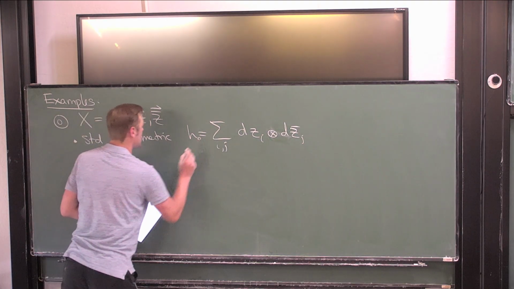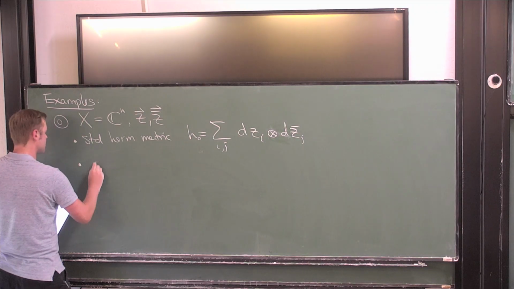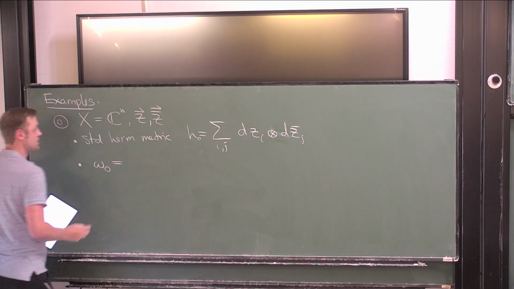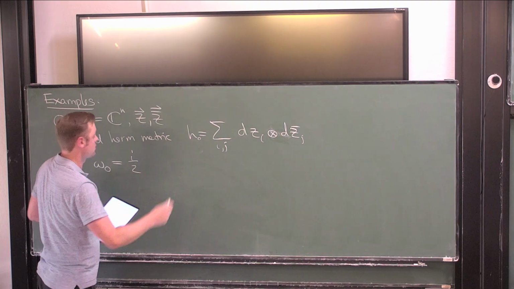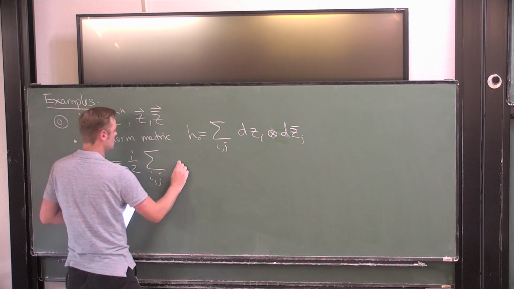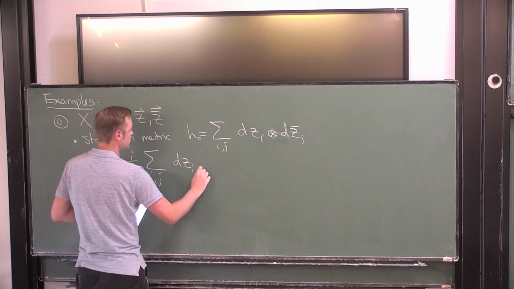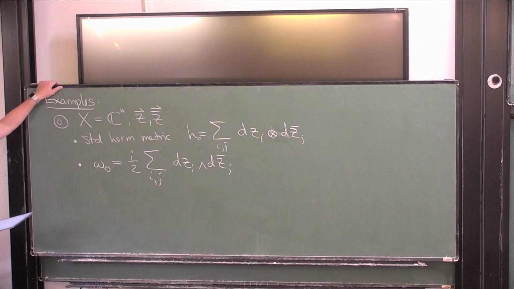We call it H0. So this standard metric gives rise to what is called the standard Kähler form, which, again, just using all those local formulas that I wrote down, has the exact same expression, except that it's a two-form rather than a two-tensor.